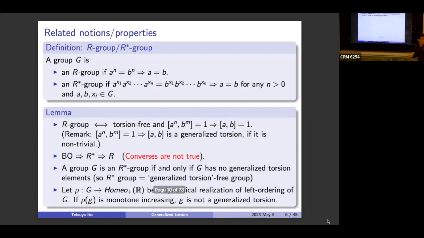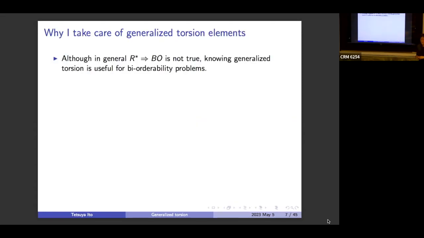Don't Tetsuya, sorry, I don't understand. Because in any left order, these are monotone increasing, you know? Monotone increasing just means that the X is always monotone increasing, or monotone decreasing.